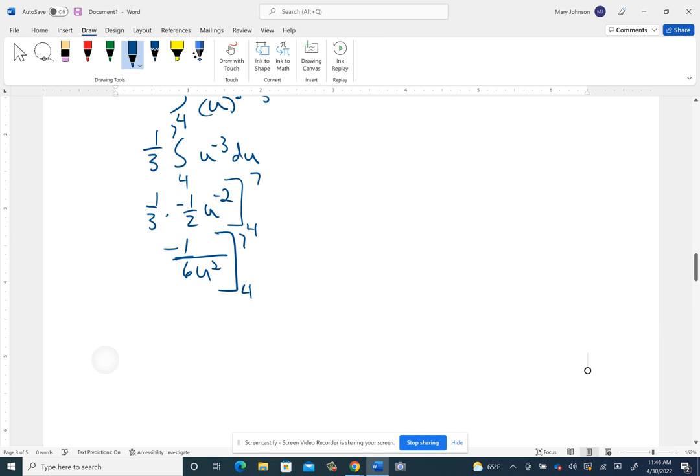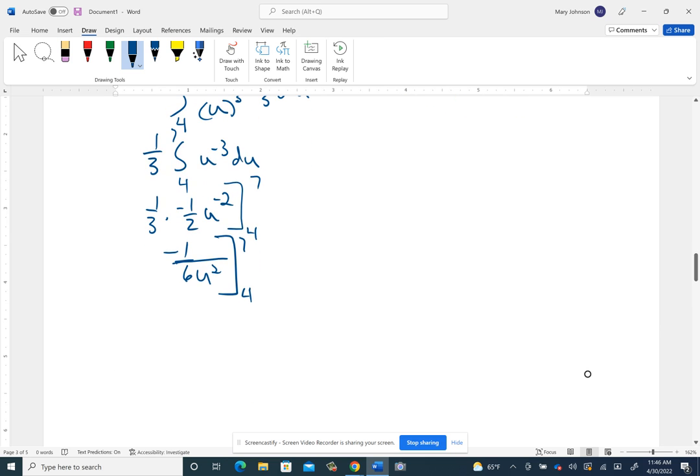I'll show you the other way too, but you could do that. So then you'd wind up getting this to be -1 over 6 times 7 squared minus -1 over 6 times 4 squared. Okay. Now my calculator could not handle keeping this in fraction form, so I did it by hand to get the fraction form.